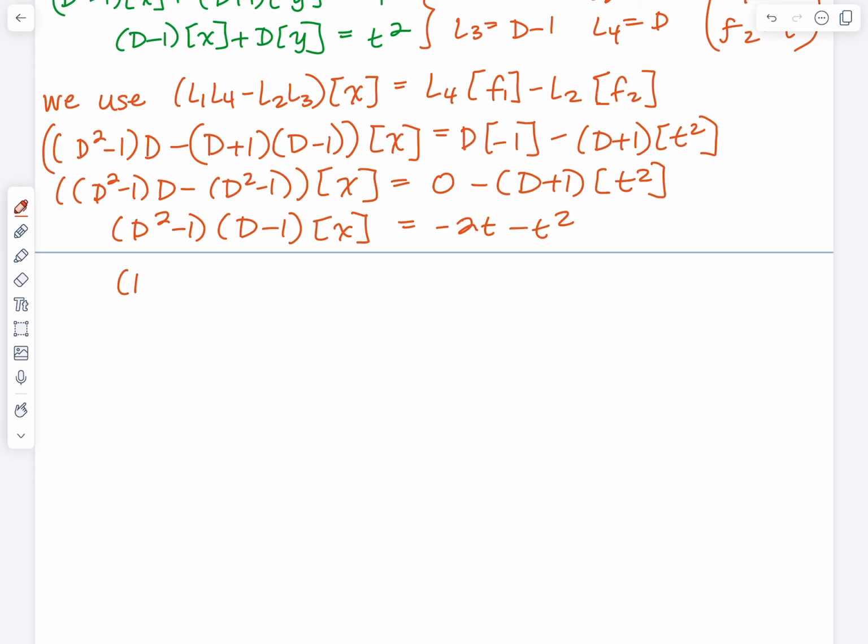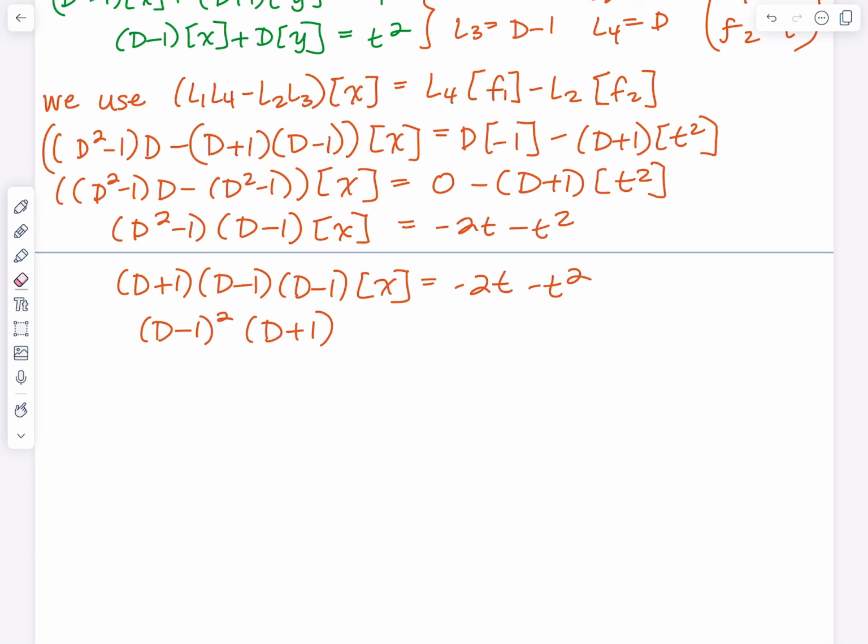Taking a closer look at this, you can see that we have (d minus 1) squared multiplied by (d plus 1) of x is equal to -2t minus t squared.